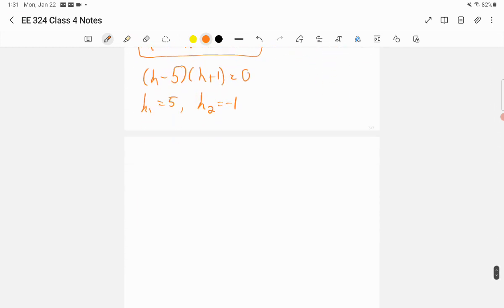And so now we have to find the eigenvectors. That just directly comes from this equation. Our ith eigenvector is solving this equation.